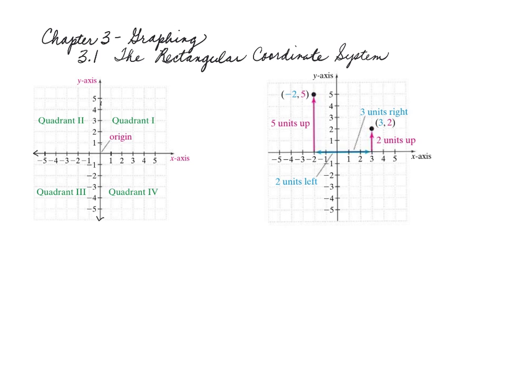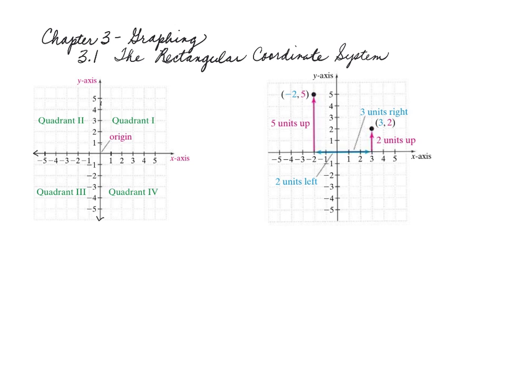Now, on the diagram on the right, we're going to talk about how to locate points, or to name those points after we have located them on the rectangular coordinate system. Every point in a two-dimensional coordinate system has to have 2 coordinates. Co meaning go together, 2 coordinates.